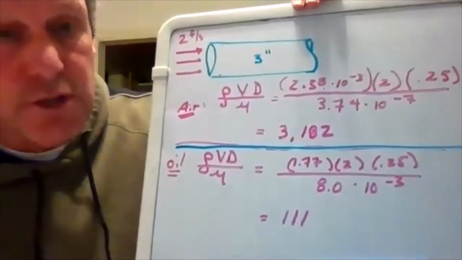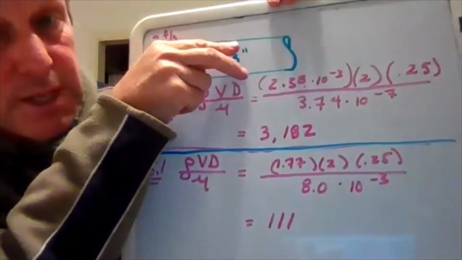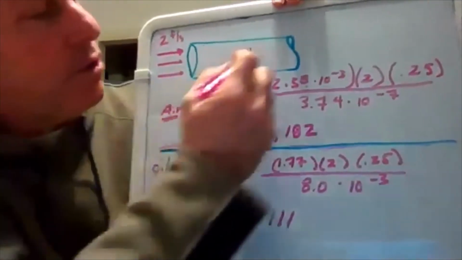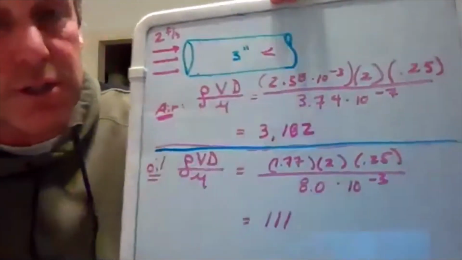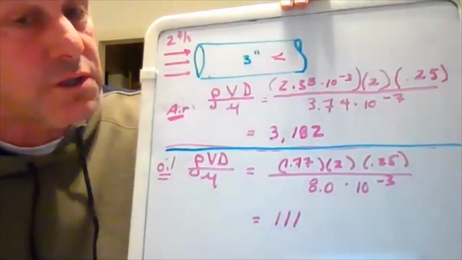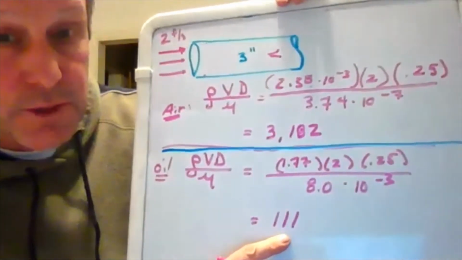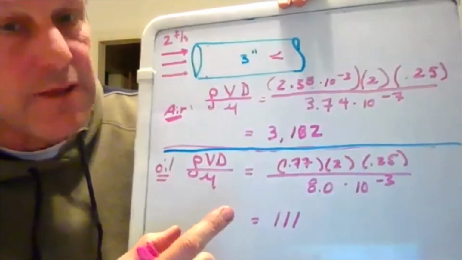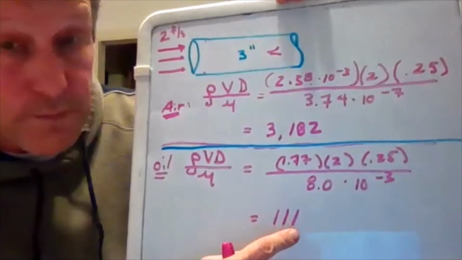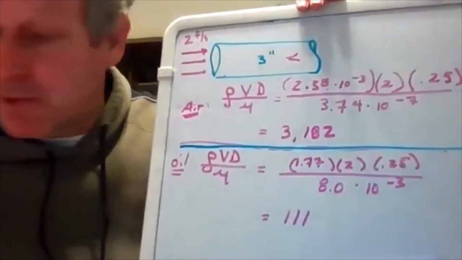So the cohesion forces that keep water layers from separating and getting a low pressure area, which actually leads to turbulence, those viscous forces are not very strong. We're probably going to get something more than 111. When I think of air, I think of incredibly low viscosity. So my uninformed opinion would be that water is going to be somewhere between these two numbers. But let's crank the numbers and see how it turns out.